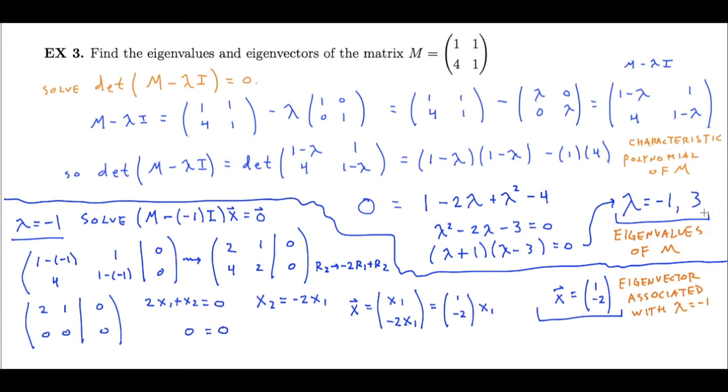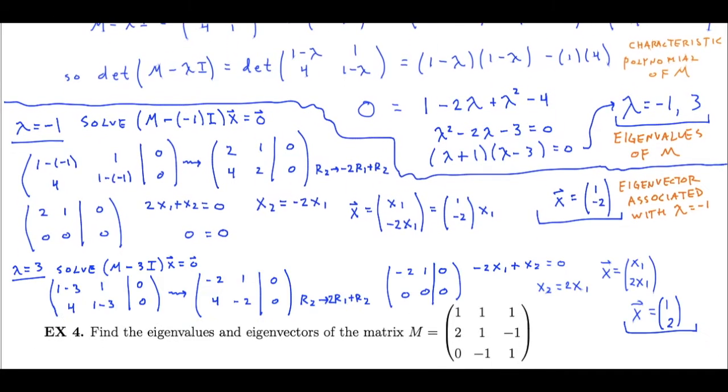The other, lambda equals 3, for that eigenvalue, I'll repeat this same process. You can take a second to verify those steps, but I believe that the eigenvector associated with lambda equals 3 will be this vector here, x equals 1, 2.